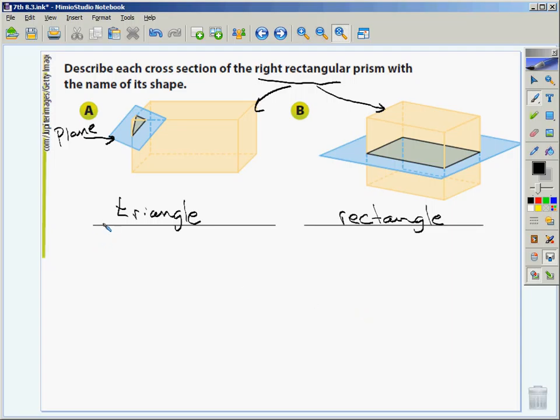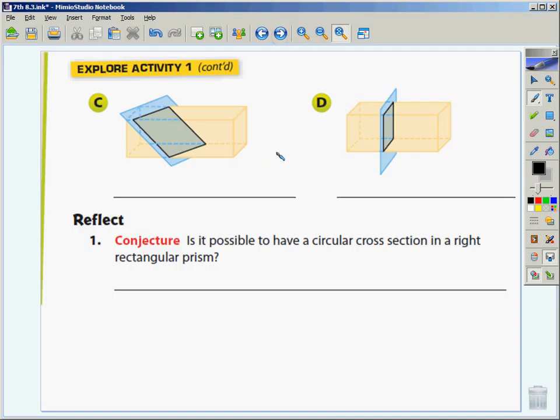Simply identifying what happens when we take a plane and intersect a 3D shape. Can I go forward? Let's look at C. Obviously, the yellow shapes again were rectangular prisms, still in the same section. Obviously, the blue shapes were both what? Planes.